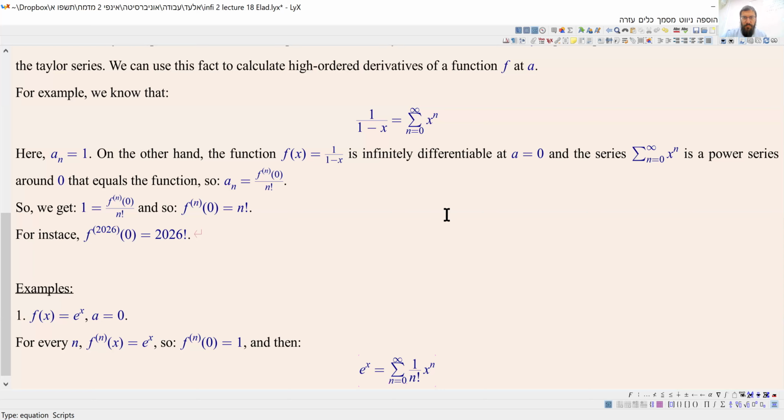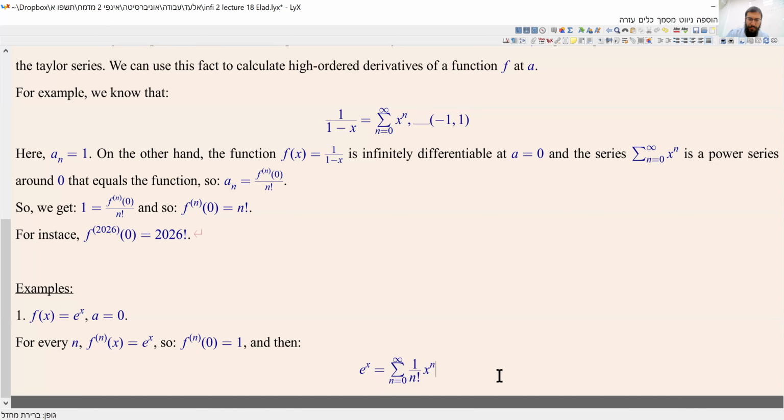We know that this equation holds for every x in the segment between -1 and 1. But for which values of x does this equation hold? It's a power series, and we can calculate its domain of convergence pretty easily.